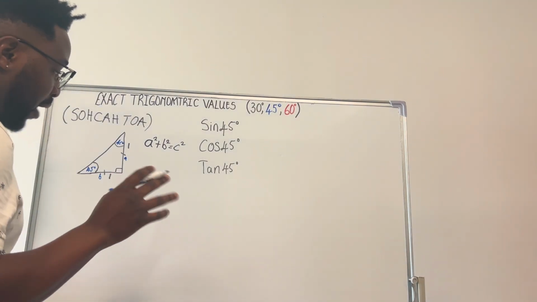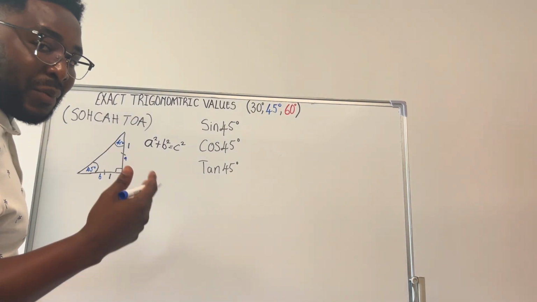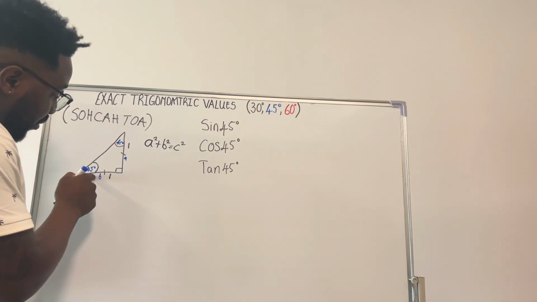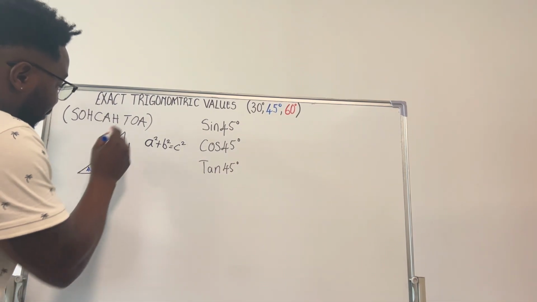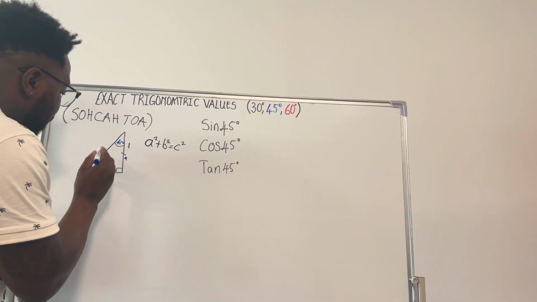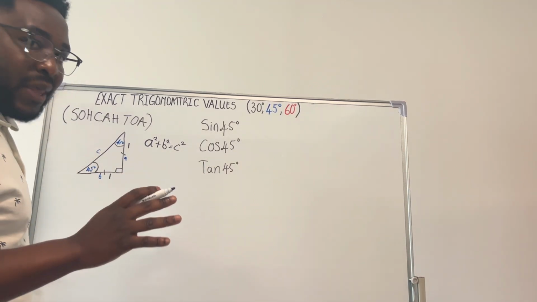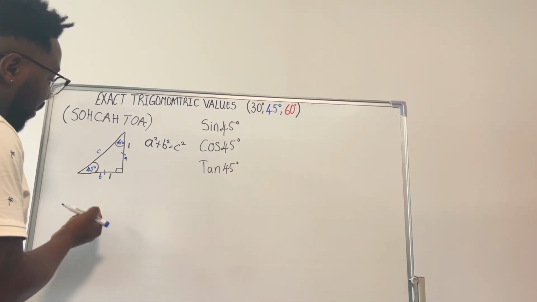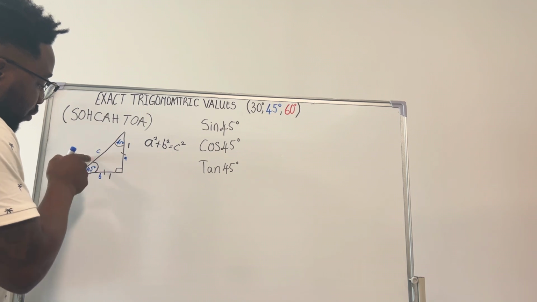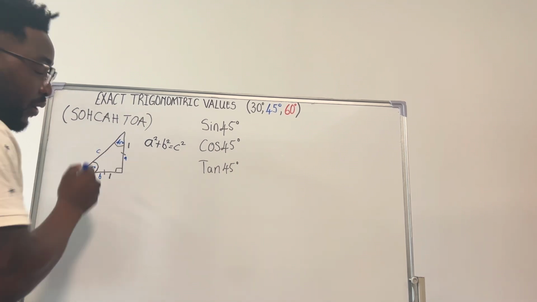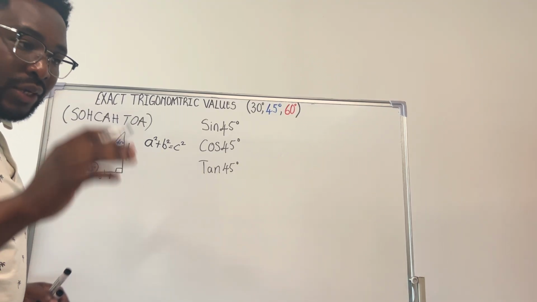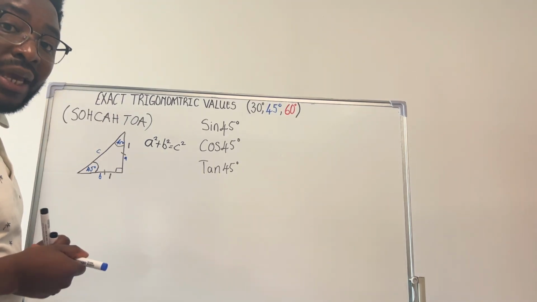What I mean by that is you can label this one as your A and this one as your B, that's not a problem. But the hypotenuse always has to be C. It doesn't change. You cannot swap. You cannot say this is your B and this is your C, or this is your C and that's your A. That doesn't work. Okay, so let's remember that. Let's not forget that.